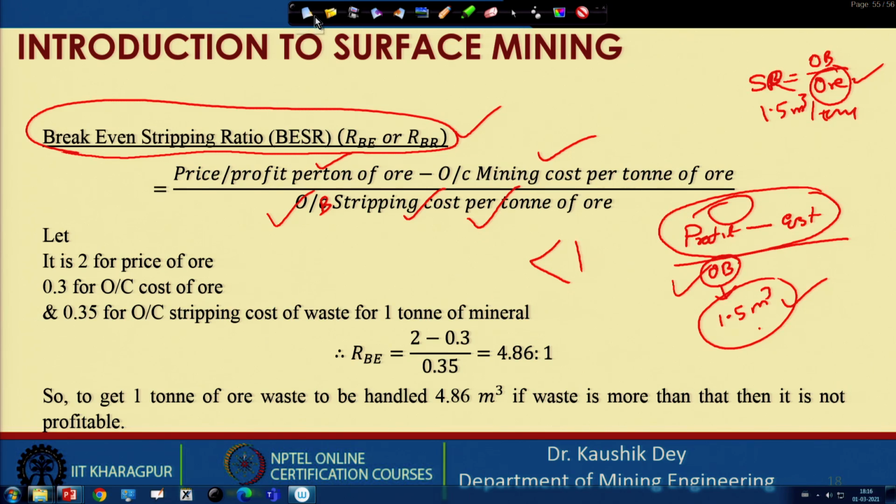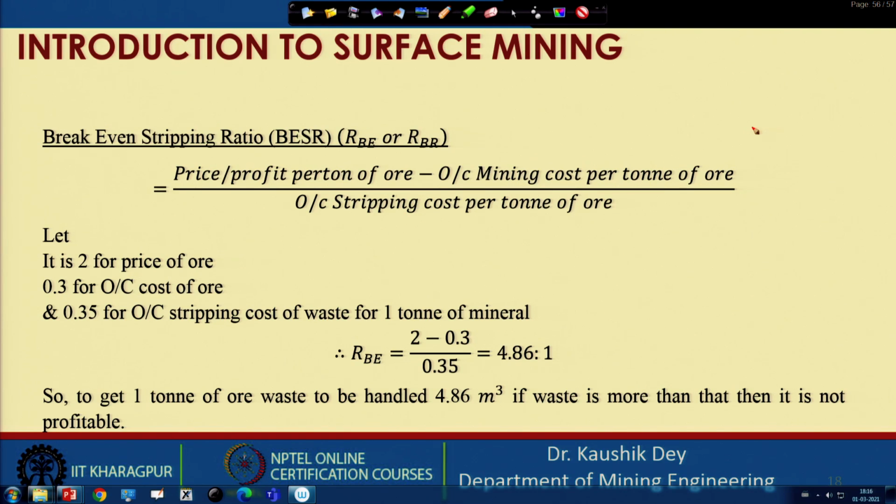So, let us take one small example here. Suppose the price of the ore is 2 units, the cost of excavation of ore is 0.3 unit, and the stripping cost of waste for 1 ton of material is 0.35 unit, then your break even stripping ratio is 4.86 to 1.